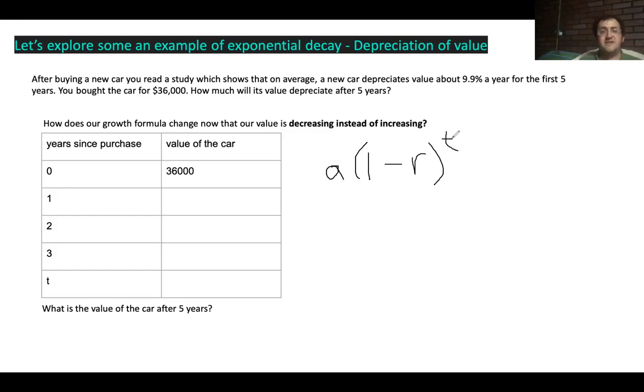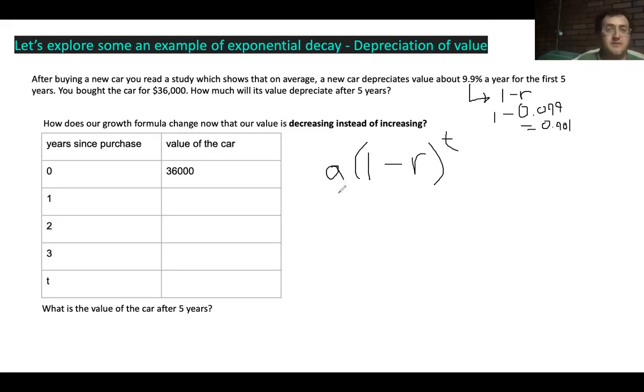And let's say that we want to look at a car that depreciates in value. So 1 minus r is 1 minus 0.099. And that's going to be 0.901.